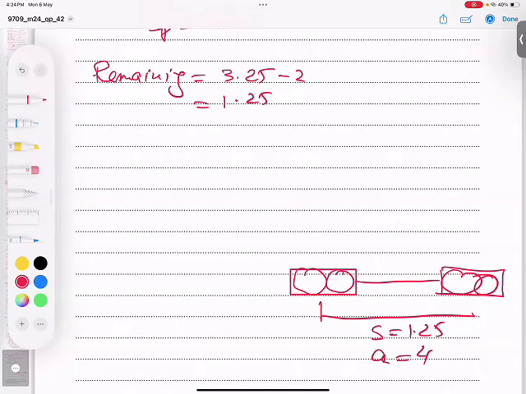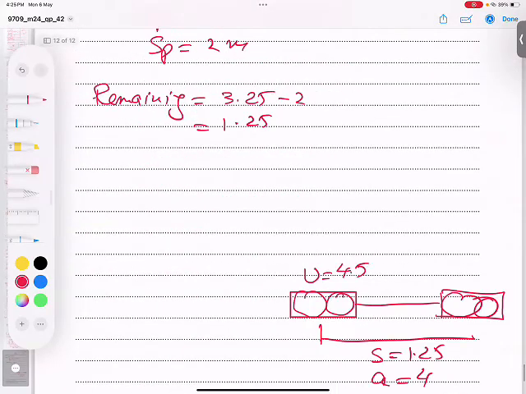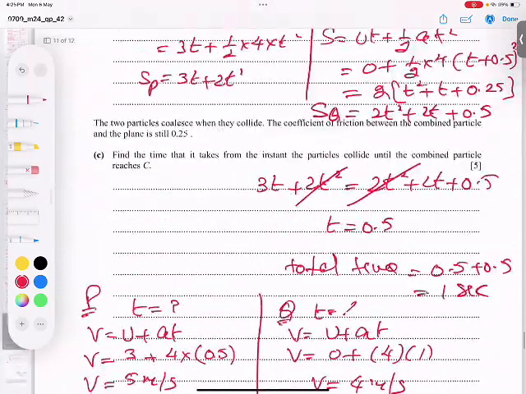The starting speed I will take is 4.5. So what is the formula? We need to find the time taken.